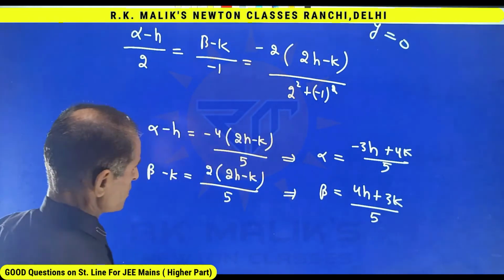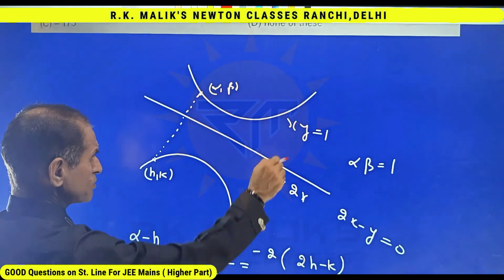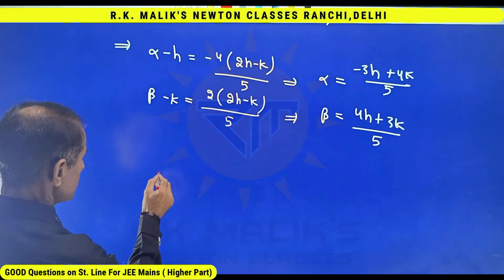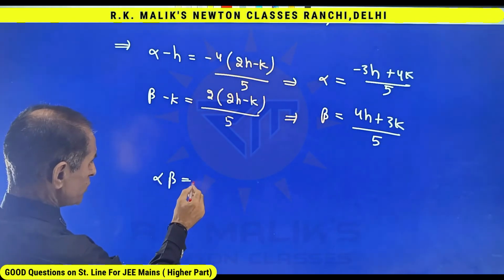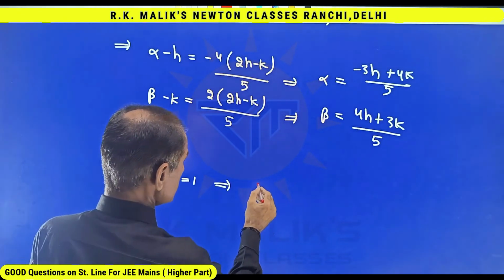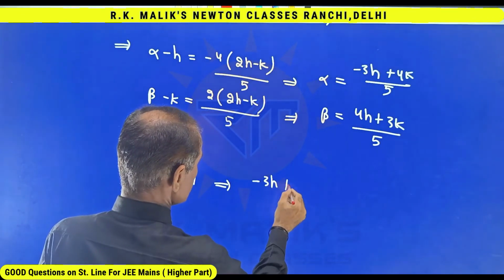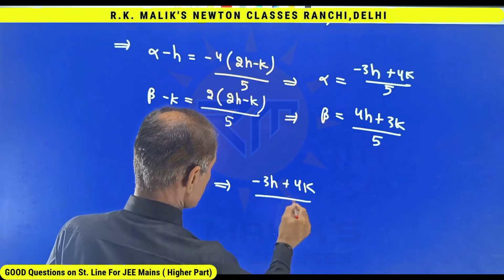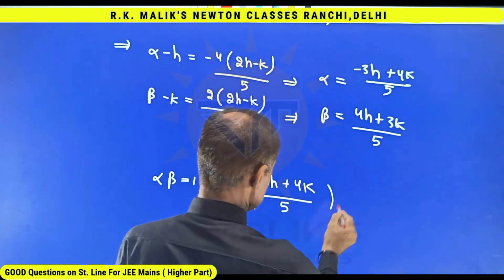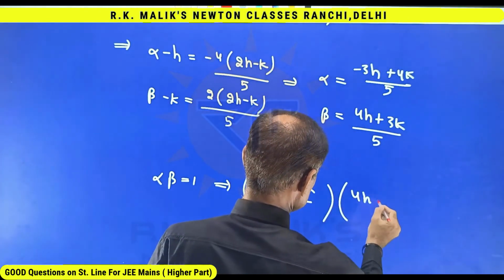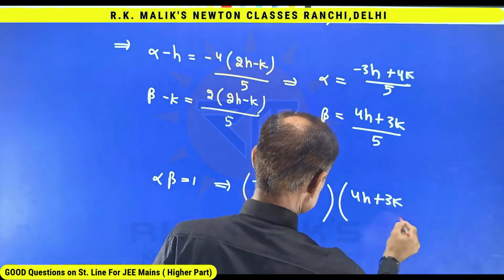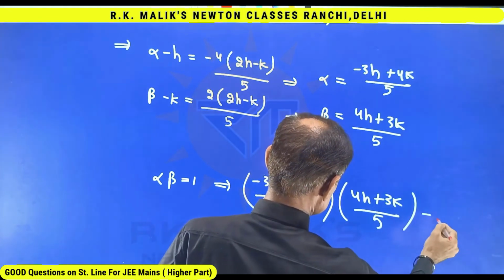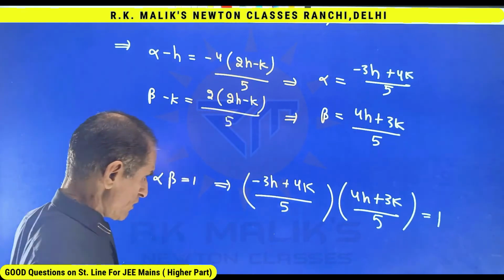And because alpha beta lies on this curve, hence I get the conclusion that alpha beta is equal to 1. That is, I can say (minus 3h plus 4k) by 5 into (4h plus 3k) by 5 equal to 1.